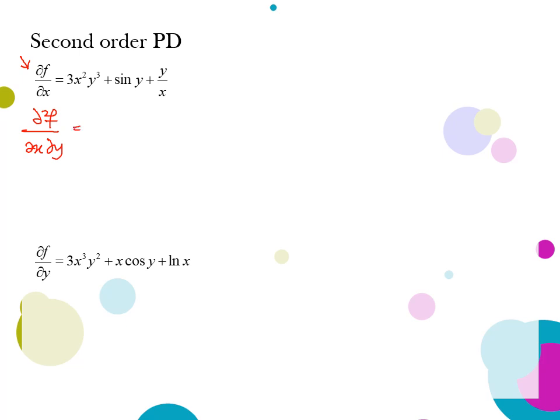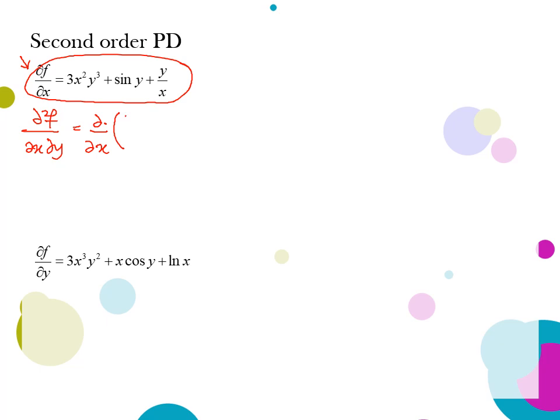It means we do x first, which we already got from the first order. What we have here, we got from differentiating the function for the first time with respect to x. So this is from the earlier one.